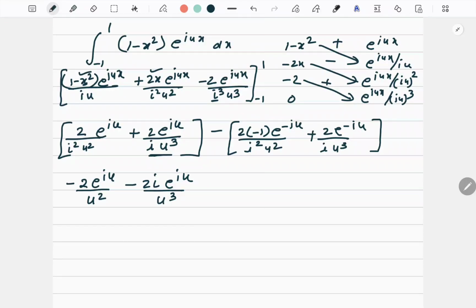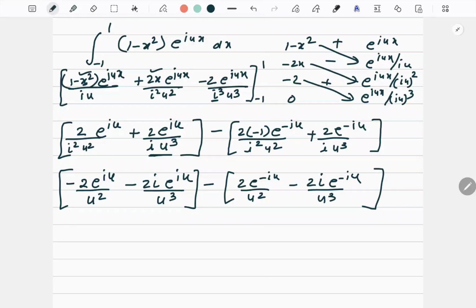Okay. Now minus, this will become, i square is minus 1. So minus 1 becomes plus. So 2 e to the power minus iu upon u square. Again here same thing, 2i e to the power minus iu upon u cube.